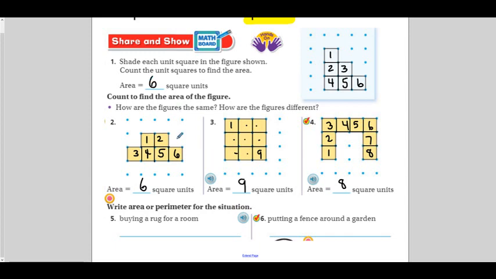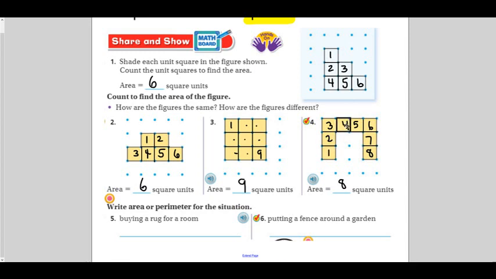Okay, how are they the same? Well, they all have unit squares. So this right here that we have, that is 1 unit square, and it's the same. Alright, the measurement here, or the measurement right here, or the measurement right here, it does not matter where we put that.